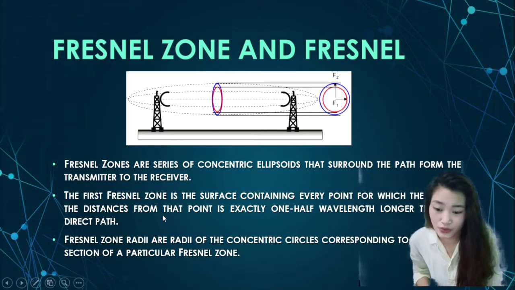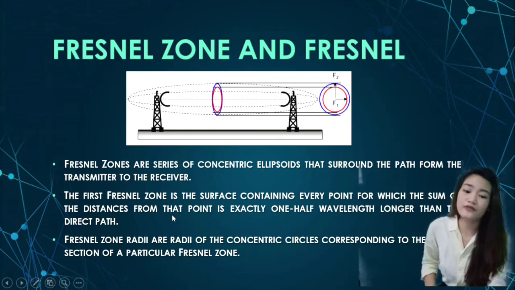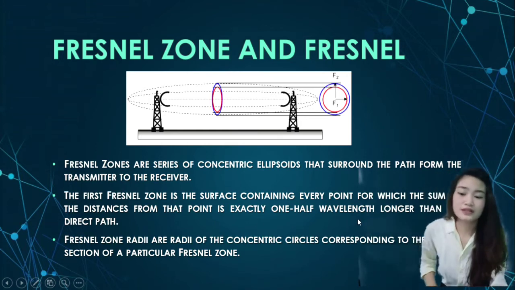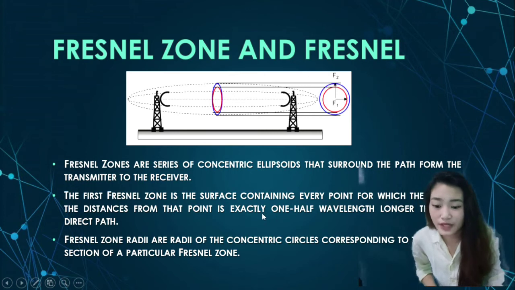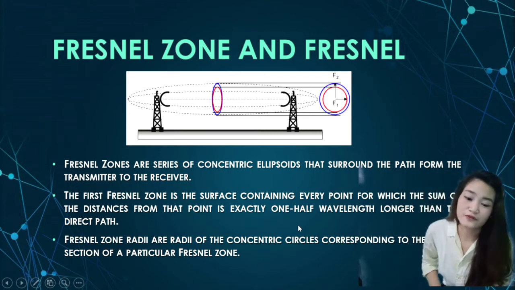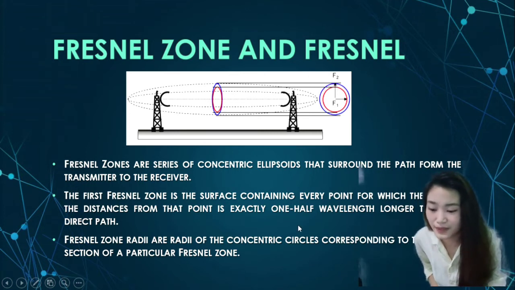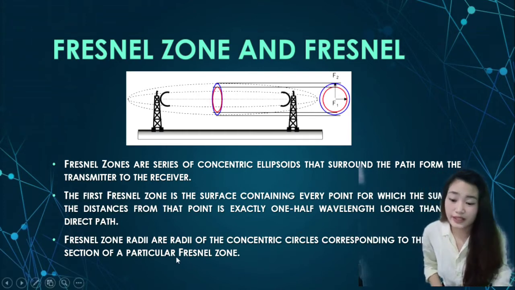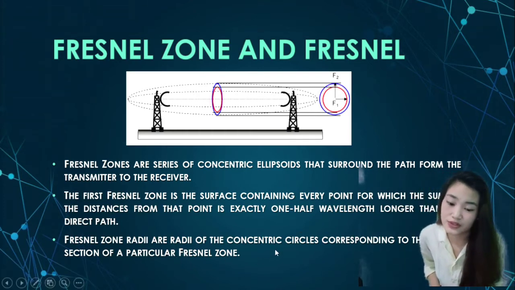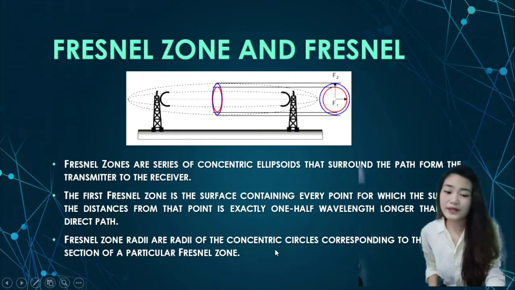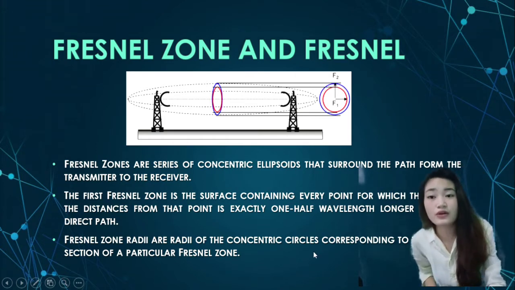The first Fresnel zone is the surface containing every point for which the sum of the distances from that point is exactly 1/2 wavelength longer than the direct path. Fresnel zone radii are radii of the concentric circles corresponding to the cross-section of a particular Fresnel zone.